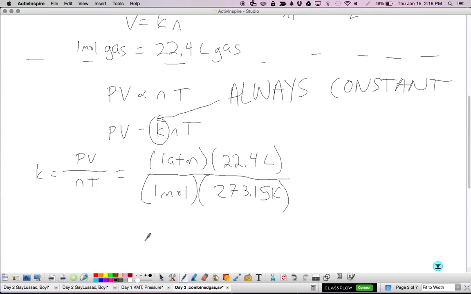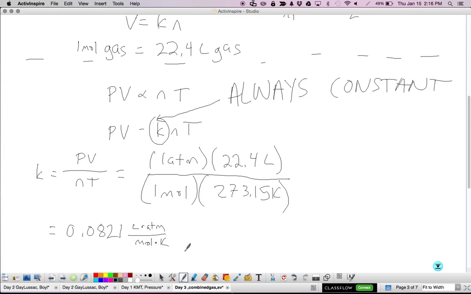Okay? If you do this calculation, you get something very close to 0.0821, and then our units are kind of a mess. The units are liters times atmospheres per moles times Kelvin.